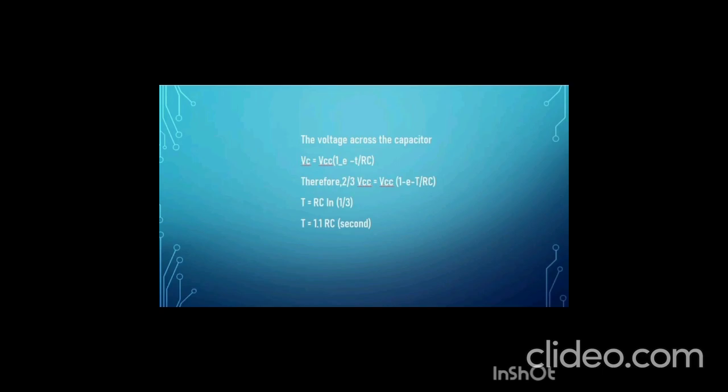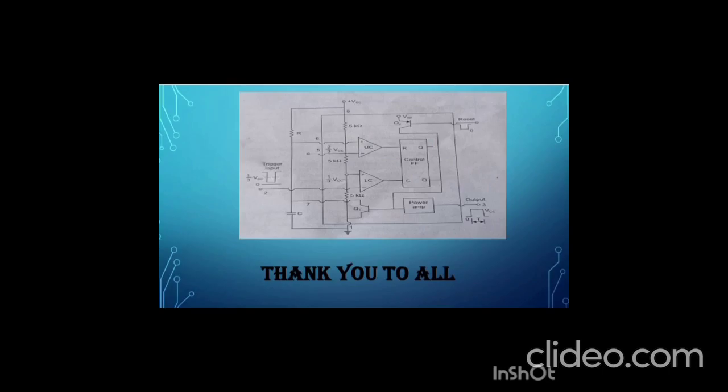By the application of continuous trigger at pin 2, a series of output pulses are generated. The modulating signal applied at pin 5 changes the already existing voltage of 2 by 3 VCC at the inverting input terminal of the upper comparator. This changes the threshold, and the output waveform changes accordingly, as shown in the output waveform plus VCC.